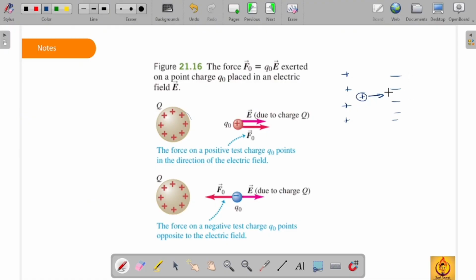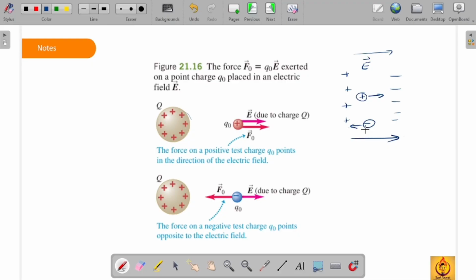So this is the electric field, from positive to negative. But if your charge is negative, it is pulled in this direction. The electric field is still from positive to negative, but the charge is pulled in the opposite direction to the electric field. Therefore, the force is negative due to the electric field.